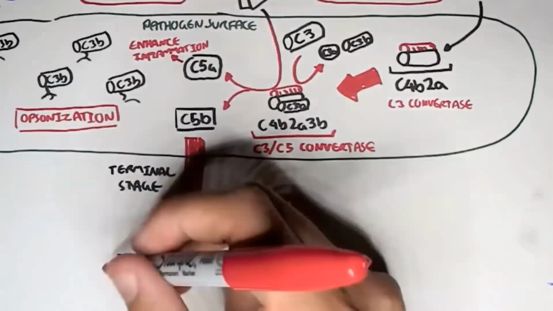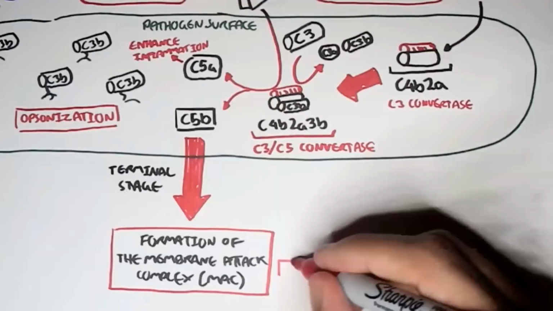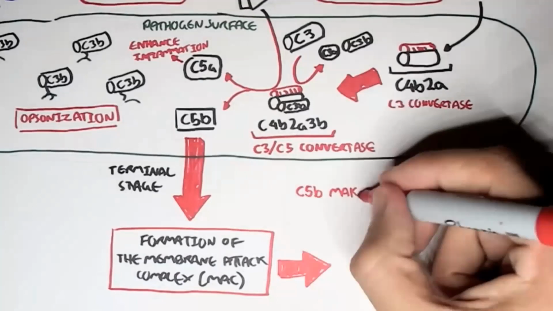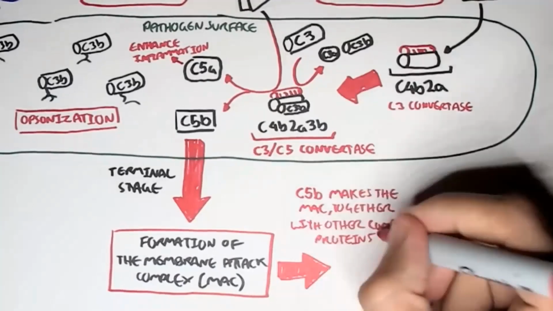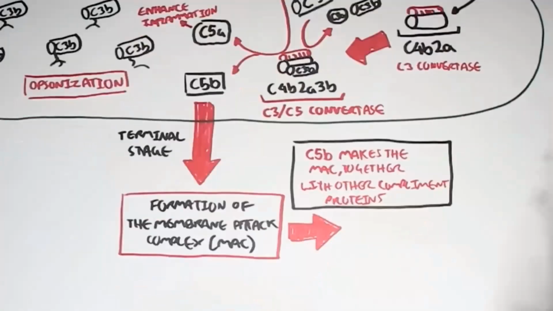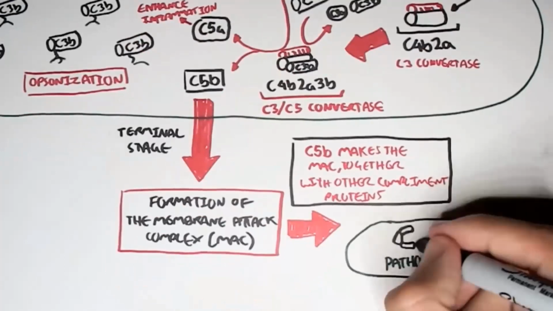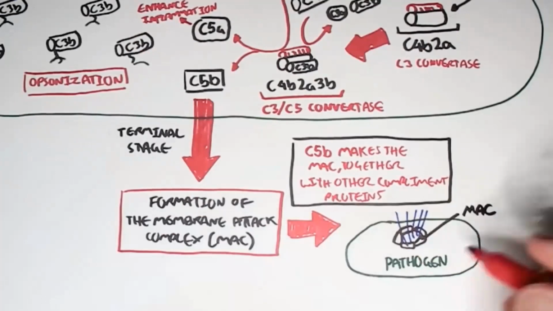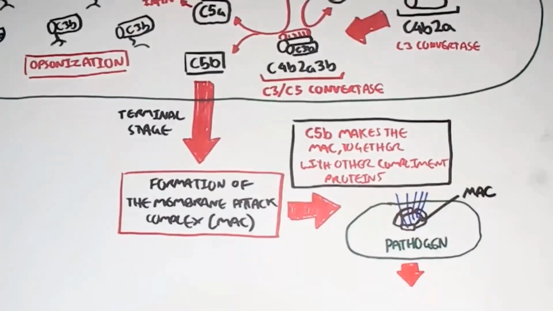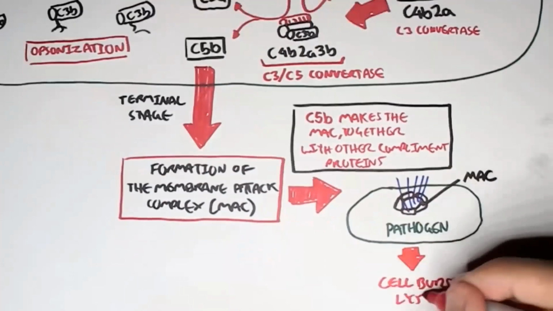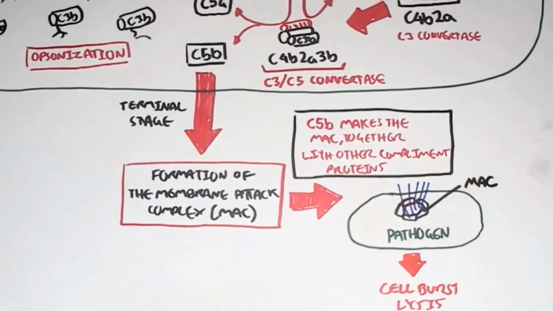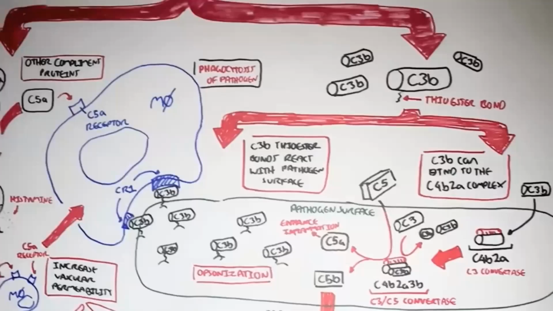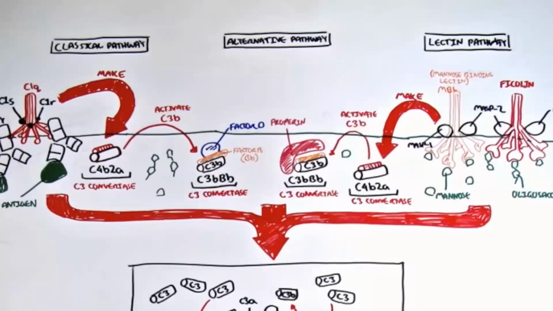And so C5b, together with other complement proteins of higher number, such as C9, C8, and C7, will form this MAC, the membrane attack complex. And the formation of the membrane attack complex on a pathogen's surface membrane will cause the pathogen to lyse, to self-destruct, or burst, destroying the pathogen.